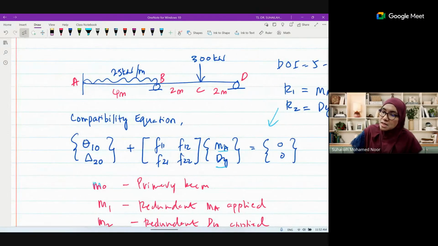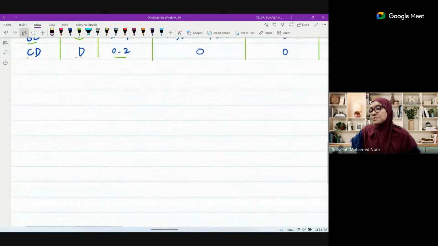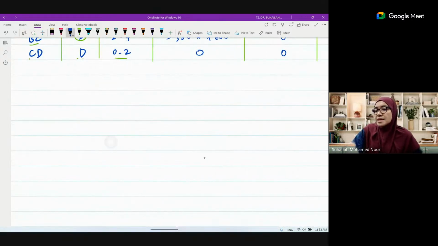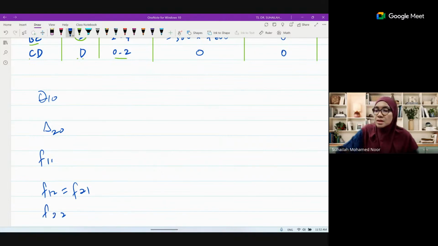So there are 6 displacement, theta 1 knot, and then delta 2 knot, and then F11, F12 equal to F21, F22, right? So there are 5. There are 6, but 1, 2 and 2, 1 same.